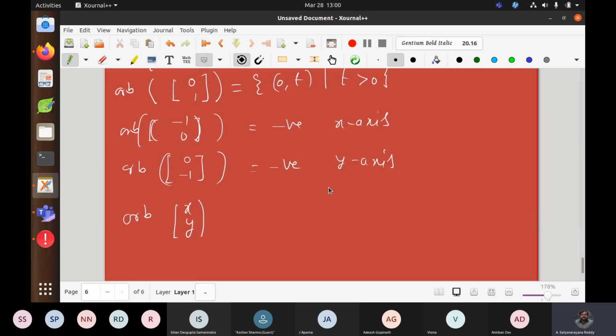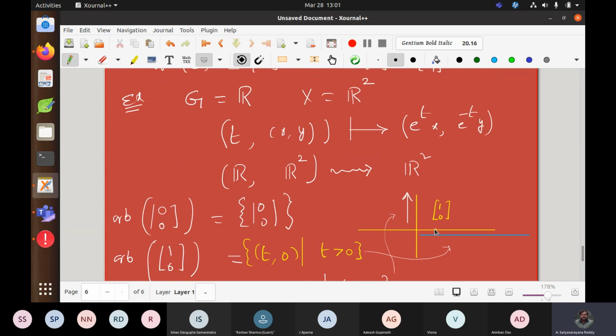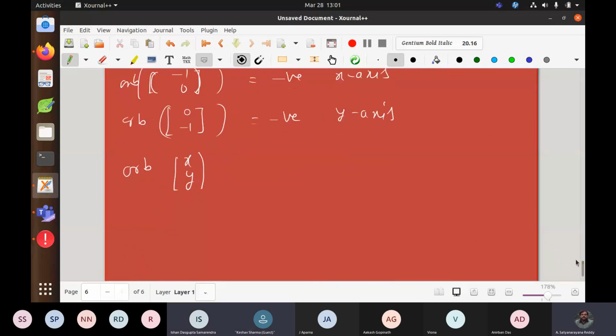The orbit of a given element comes from operating the group elements on it. What are the different elements I can get? Whatever element you take from R, I cannot get from an x-axis element to the y-axis. I cannot map it under this action. Sir, no, actually, what?